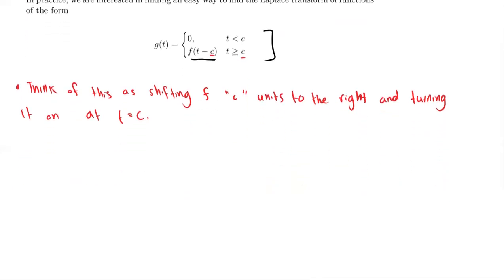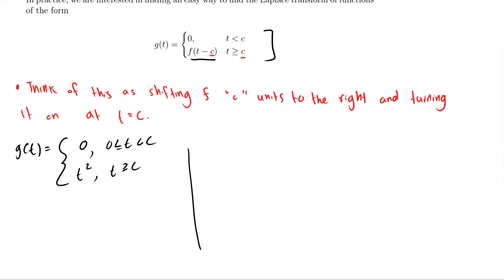So what's the difference between doing something like this, where g of t equals 0 for 0 less than or equal to t less than c, and just t squared for t greater than or equal to c? This is not what we have, because I'm not shifting the function here.